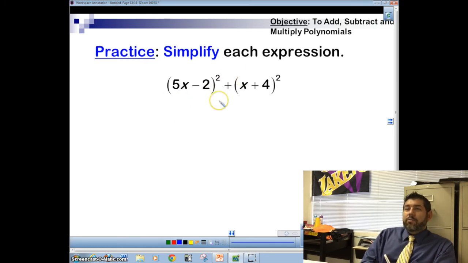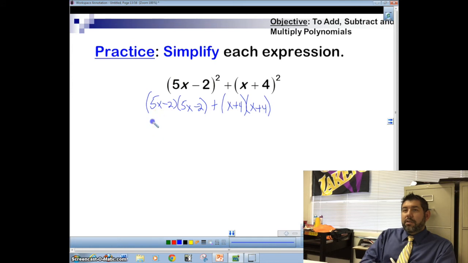Okay, so here, go and multiply these. This will take you a little while here, okay? So 5x minus 2 times 5x minus 2 plus x plus 4 times x plus 4. All right, so we have 25x squared minus 10x plus 4, x squared plus 4x plus 4x plus 16.